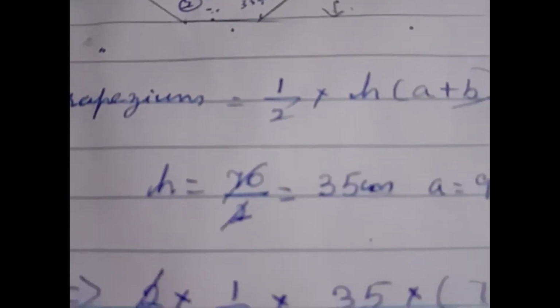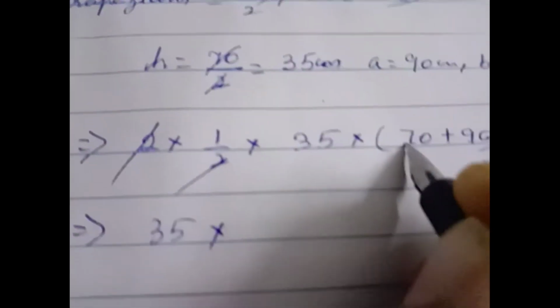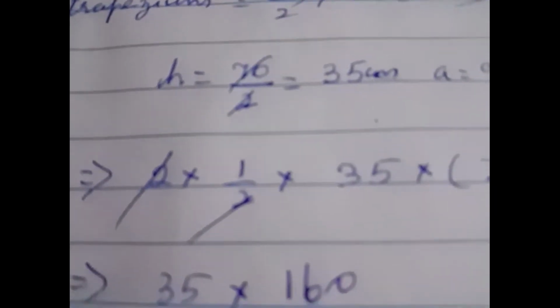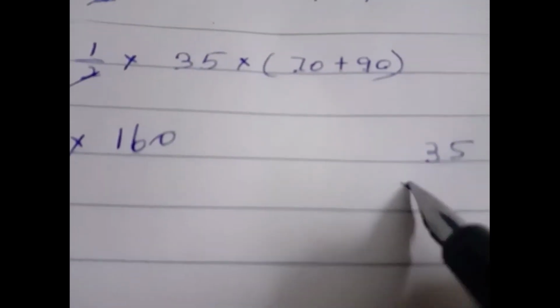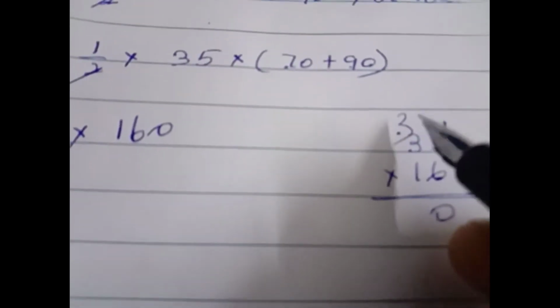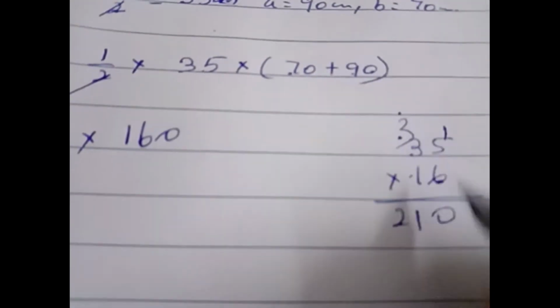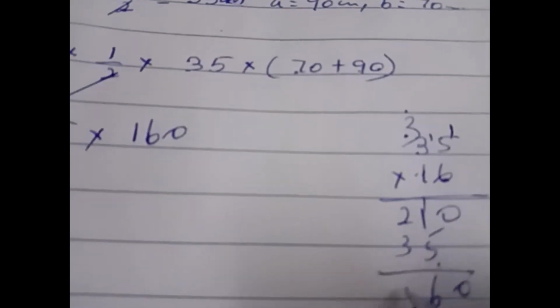Cancel this 2 and 2. 35 into 90 plus 70 is 160. So if you multiply 160 into 35, that is 35 into 16. 6 5s are 30, 6 3s are 18, 18 plus 3 is 21, 1 5s are 5, 1 3s are 3, 0, 6, 5.